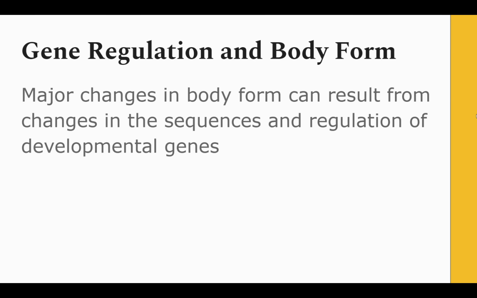So we see a lot of big changes over time, right? Changes in body shape to get us from early mammals to mammals that look like the ones that are around today. This is because of gene regulation, right?